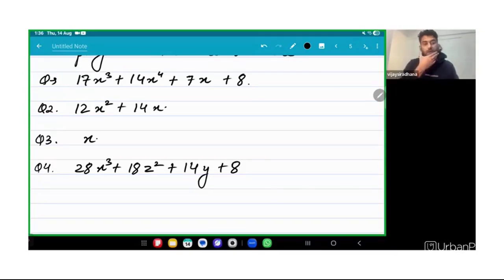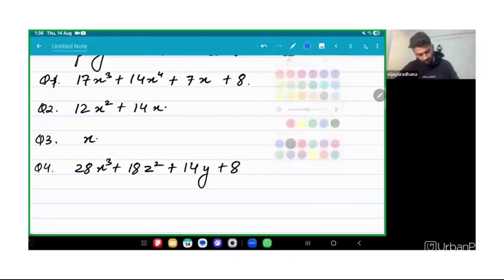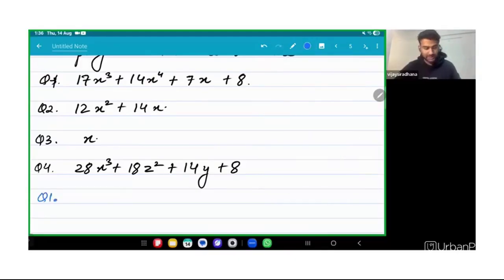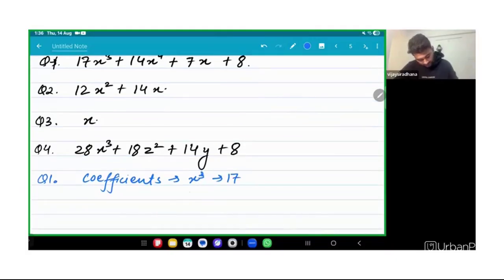So students, now let's break question number 1 and see what we get. First of all, we'll see the coefficients. The coefficient of x cube is 17. The coefficient of x to the power of 4 is 14.